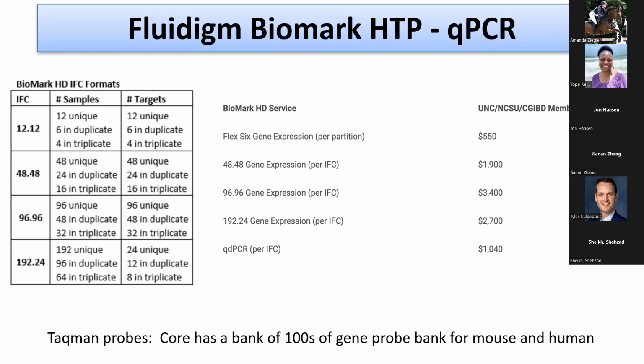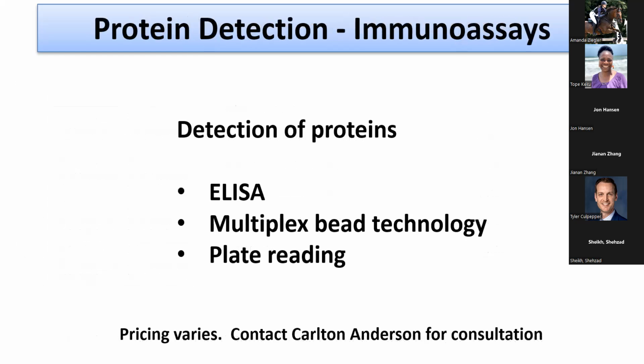We would keep it in our bank. And every time somebody uses the probe you bought, we give you a credit back for future services. So this allows you to look at our bank and say, I actually have 20 genes I'm interested in, and you have 18. We'll let you tap into those 18 for a really reduced price, and you buy 2 and keep them in the core. That allows the price to be reduced by a lot for doing these high throughput qPCR experiments.